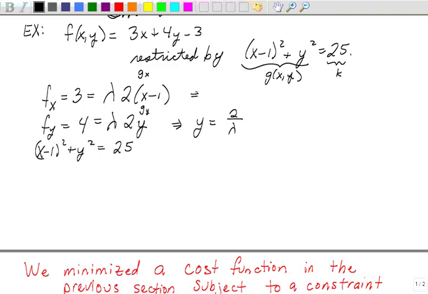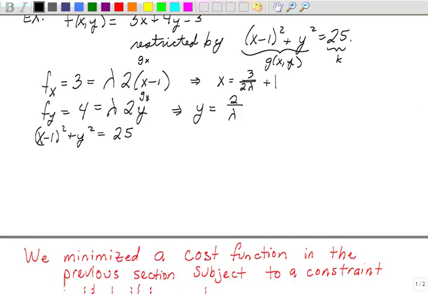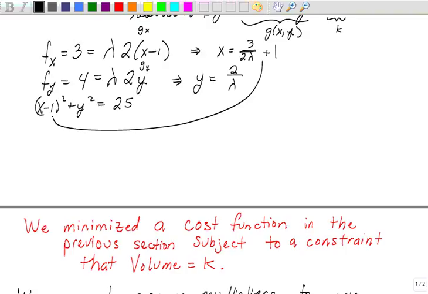And here we solve this for x. We get x equals 3 halves over lambda plus 1. Okay, then what we can do is substitute each one in here. So the 3 over 2 lambda plus 1 minus 1 in for x, that's just going to be 3 over 2 lambda squared. And y squared is going to be 2 over lambda squared is 25.